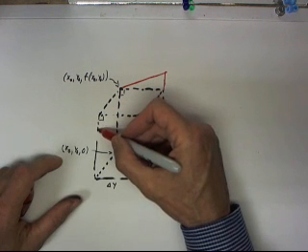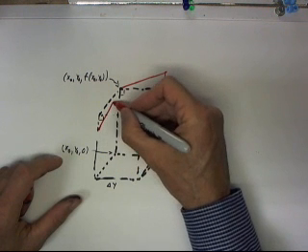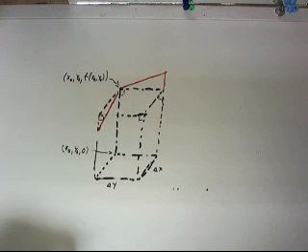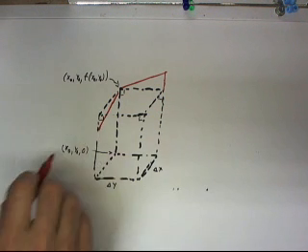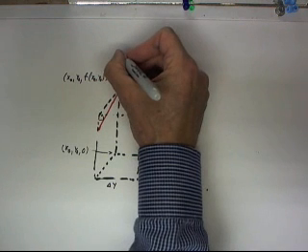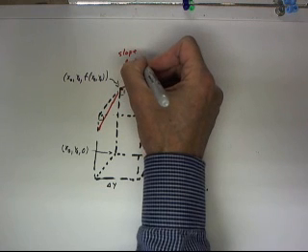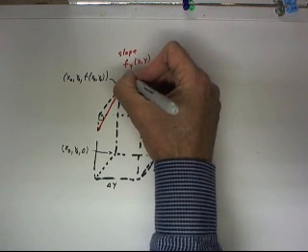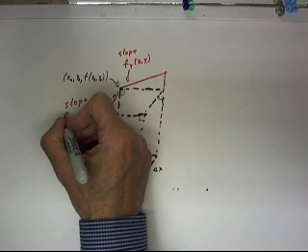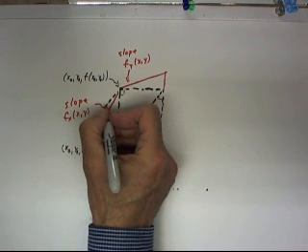And our delta x will give rise to a segment with a slope equal to the partial derivative with respect to x, so that slope fy of xy here, slope fx of xy here.